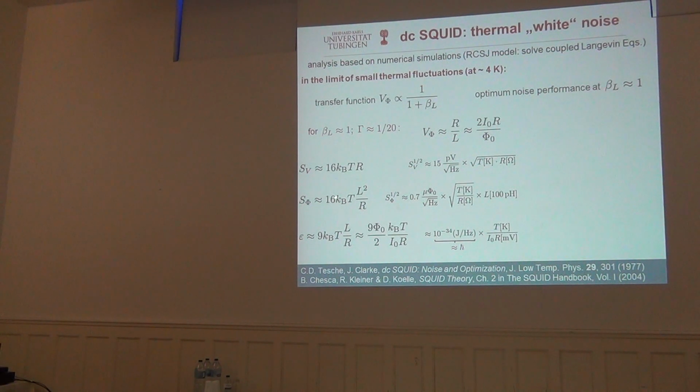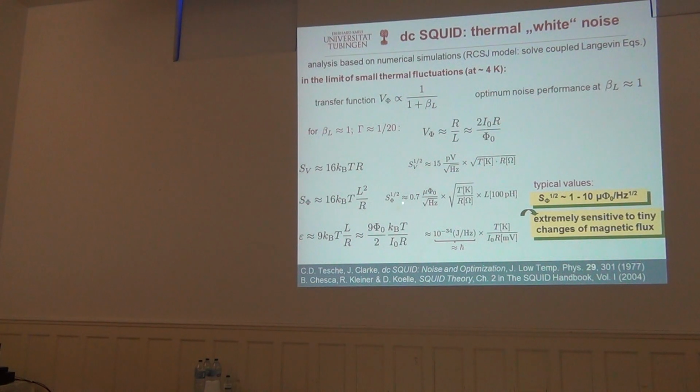Plugging in some numbers for these constants, let's take here the RMS flux noise, you get a prefactor of about 0.7 microphi naught per square root hertz, times the square root of temperature in Kelvin, resistance in ohm, and inductance in hundreds of picohenry, which is of the order of unity for typical devices. This tells you from the simulations that typical RMS flux noise of well-designed squids is of the order of a microphi naught per square root hertz.